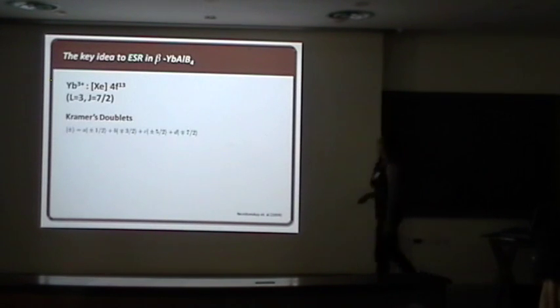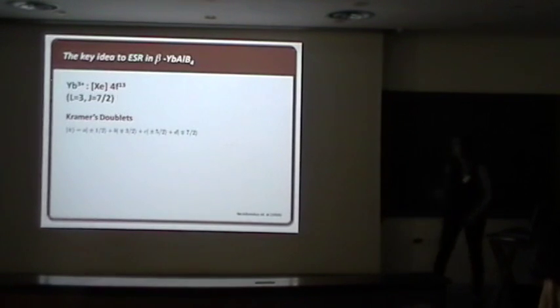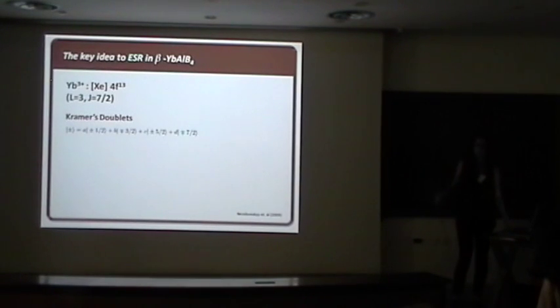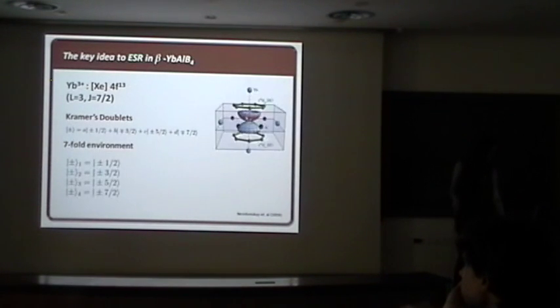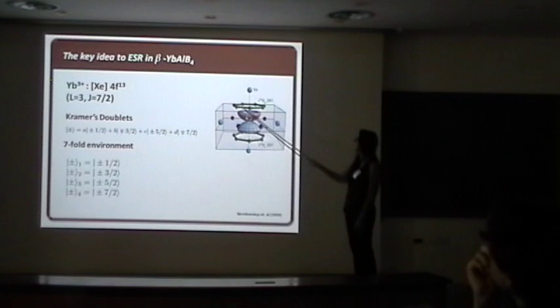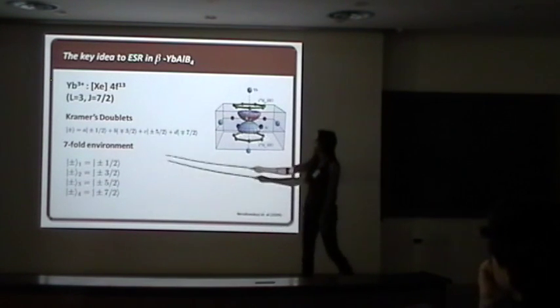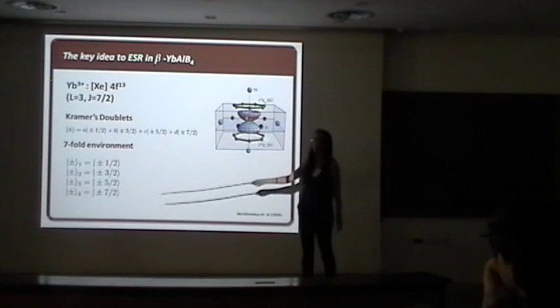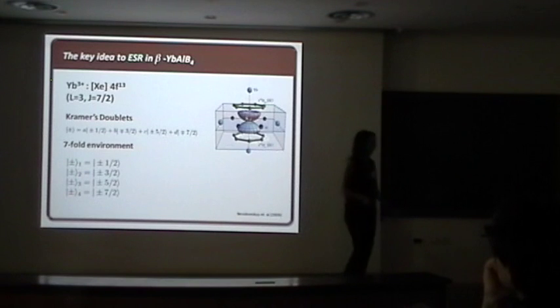So I can write my Kramers doublets respecting time reversal symmetry, in principle I can have any combination of these states, any A, B, C, D, normalized. But it turns out that as I am in the 7-fold local symmetry, I cannot find any combination of the doublets that respects time reversal and the 7-fold rotation.